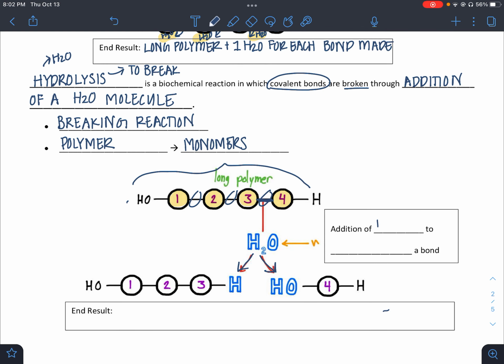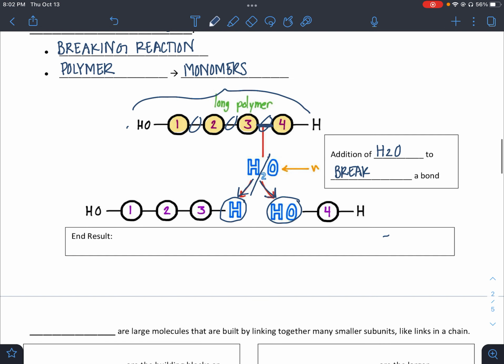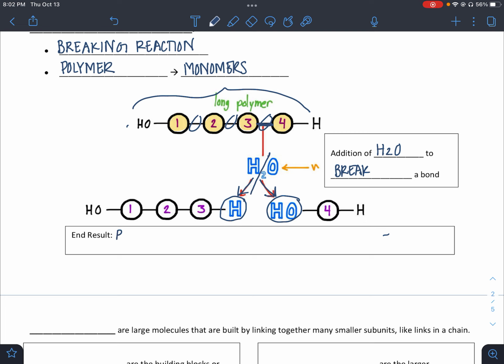And in that way, through the addition of a water molecule, we break a bond, okay? So the water is split, the hydrogen gets added to one monomer, the OH or hydroxyl group gets added to the other monomer, and the end result here is that our polymers are broken down into their individual monomers, okay?